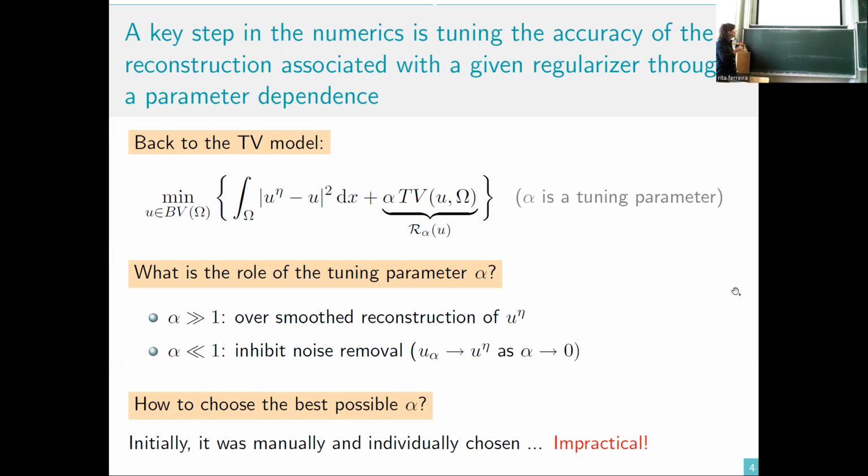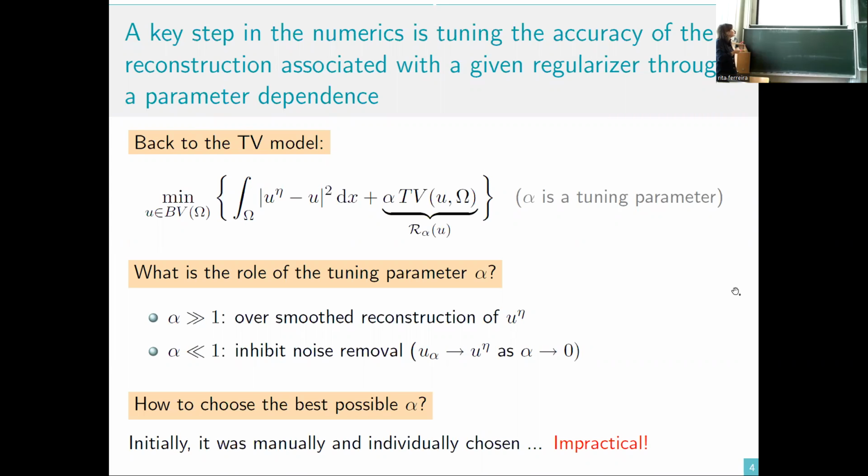A very big alpha makes TV very low, you cannot oscillate that much, you regularize too much. On the other hand, if alpha is too small, TV can be very large, so pretty much you don't restore. You are not regularizing at all. And actually one can prove that the minimizers u_alpha of this TV model converge to the noisy image as alpha goes to 0.